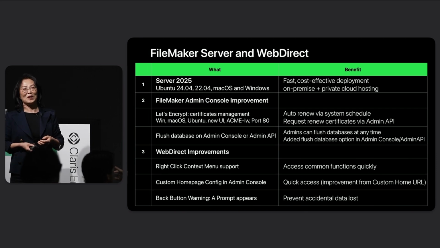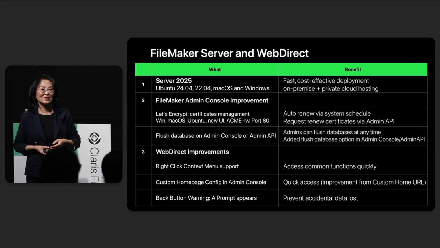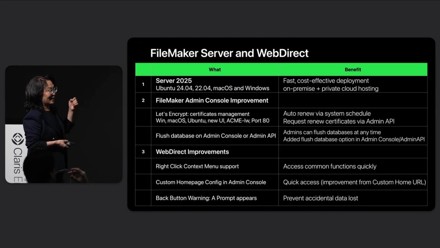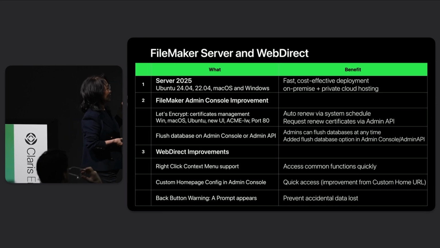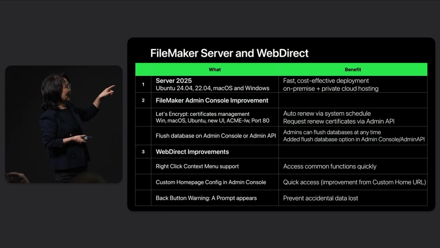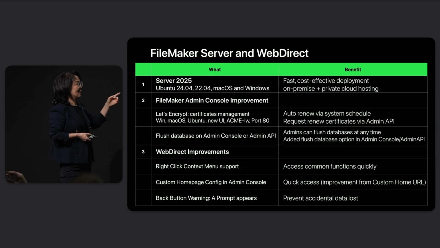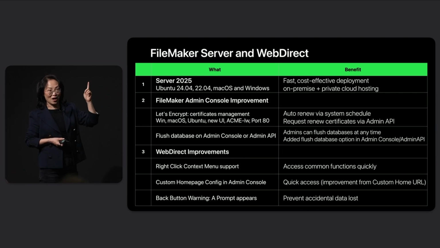Now let's talk about admin console improvements. Let's Encrypt: last year we released Let's Encrypt for macOS and Ubuntu. This year we added Windows. And we have a new UI for easier certificate management.